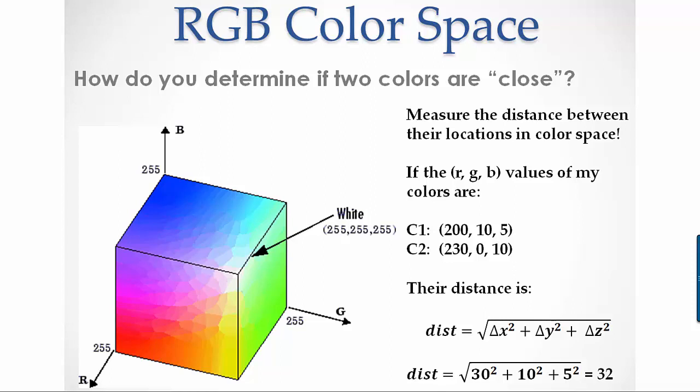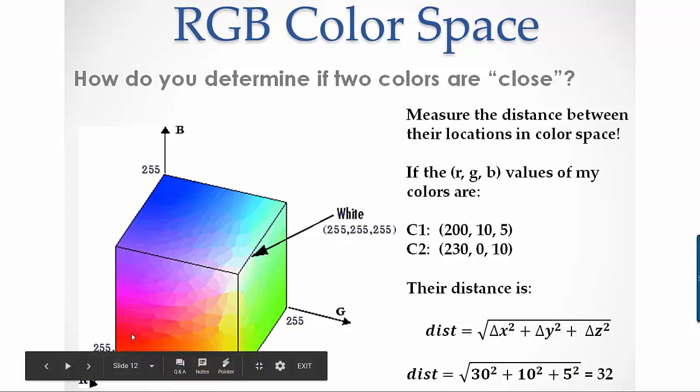As you know, the way that we're representing color is with the red, green, blue color model. And you can think about the colors as being arranged as points in a three-dimensional space, where instead of an x and a y and a z coordinate, there's a red axis and a green axis and a blue axis. So here, if we have a color that's 200 red, 10 green, 5 blue, you can imagine that as a point in space, where you've gone 200 down the red axis, 10 down the green axis, and 5 up the blue axis.